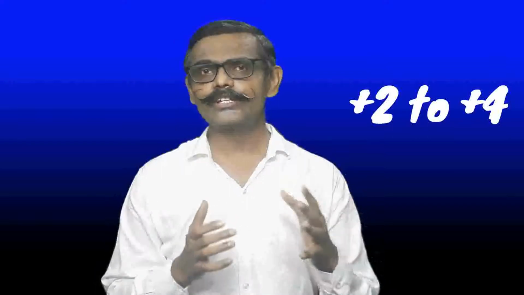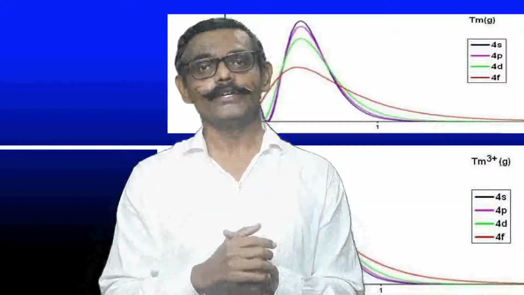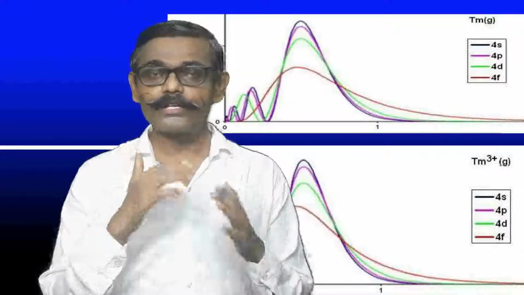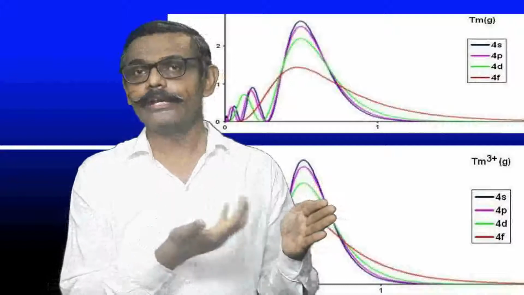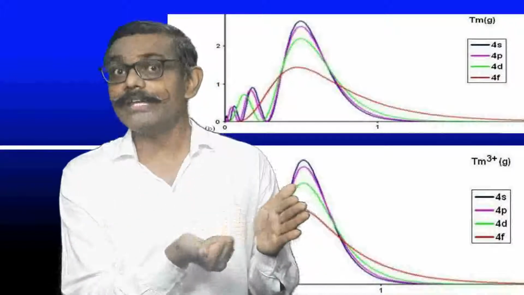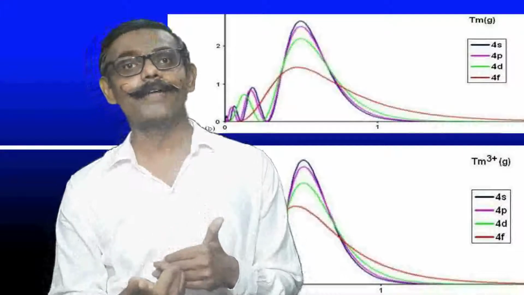So the variation is not more. It is there to a lesser extent. Now the question arises, why is it so? If you study the electronic configuration for the various oxidation states, you will find that after removal of electrons from the 6s orbital, electrons will be removed from 5d if they are there, or from the 4f orbital.